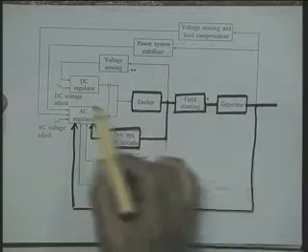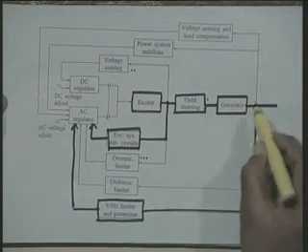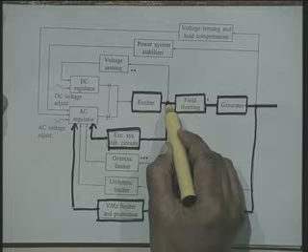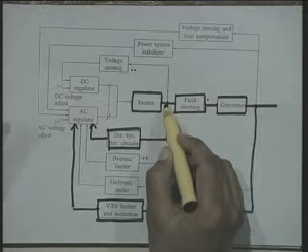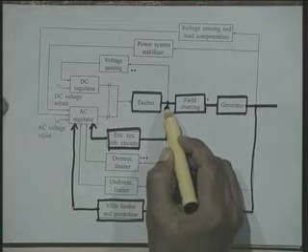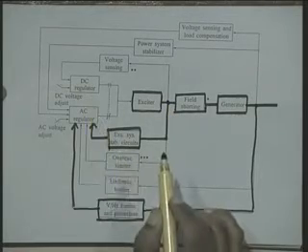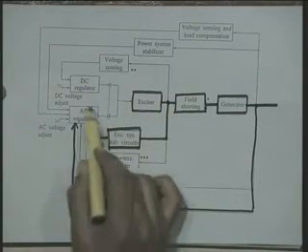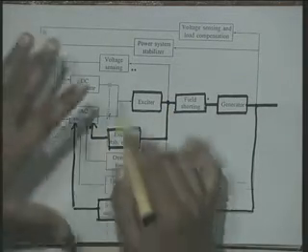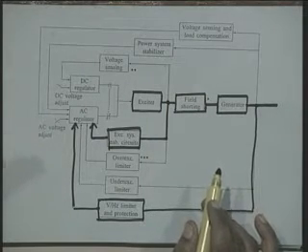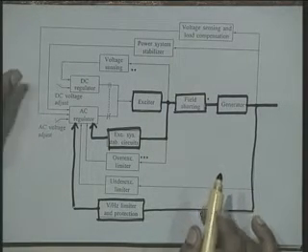Instead of controlling the terminal voltage of the generator, it basically regulates the output of the exciter. The output of the exciter is a DC voltage, and it is this DC voltage which is regulated by the DC regulator. The AC regulator has all these multiple functions: control, protection, and limiting. All these functions are through the AC regulator.